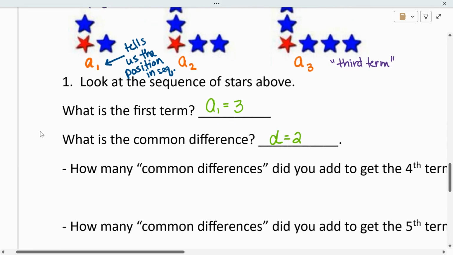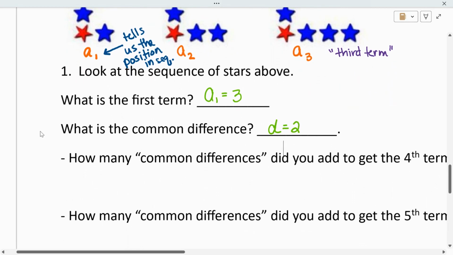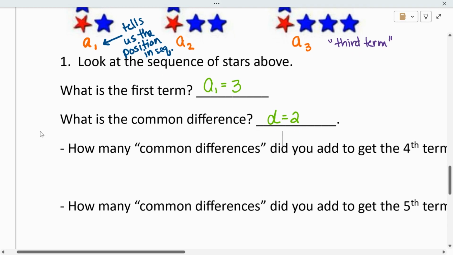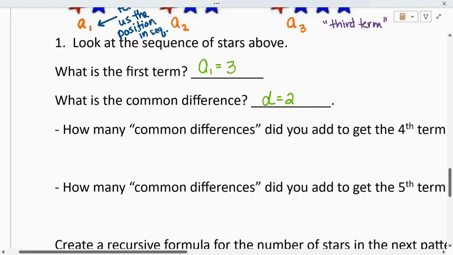So this next question is kind of getting you to think about writing a recursive formula and then turn it into explicit. If I want you to think about this, how many common differences do you add together to get the fourth term? So let's just write it out. I have A1, A sub 2, A sub 3, and A sub 4. We know that the first term is 3. And the second term, well, I have to add 2 to that to get 5. And then I have to add 2 more to that to get 7.